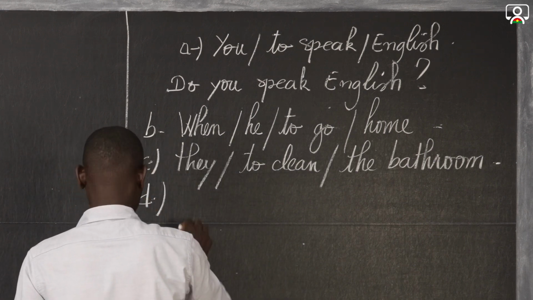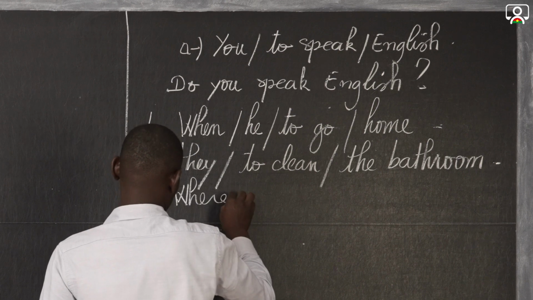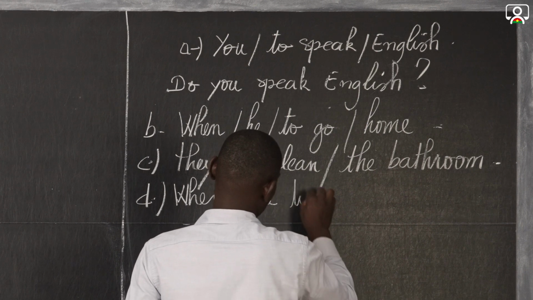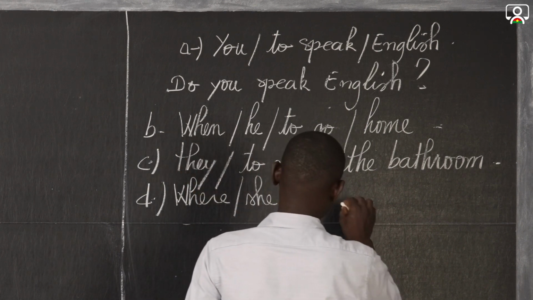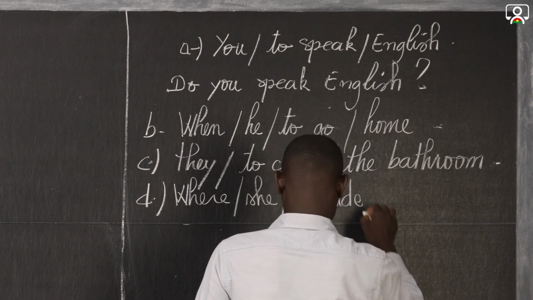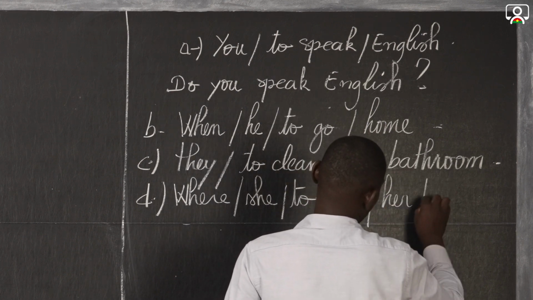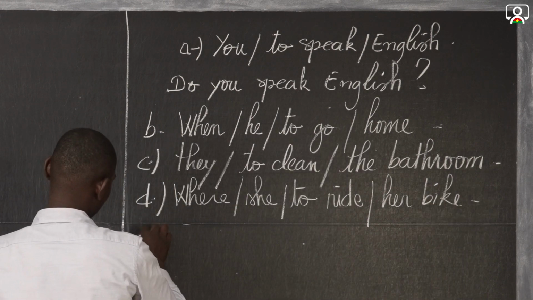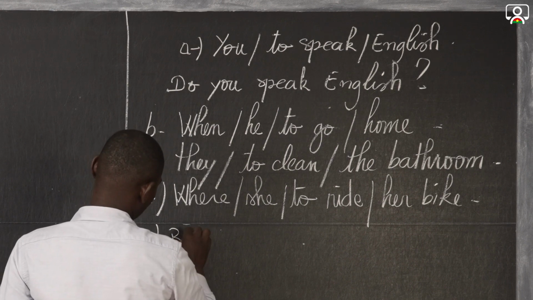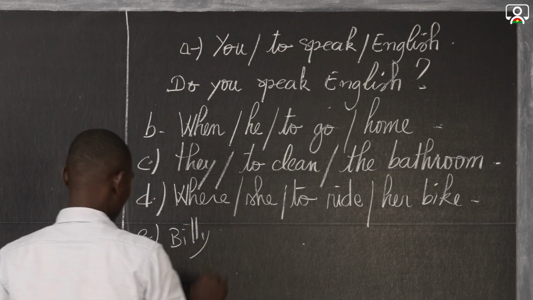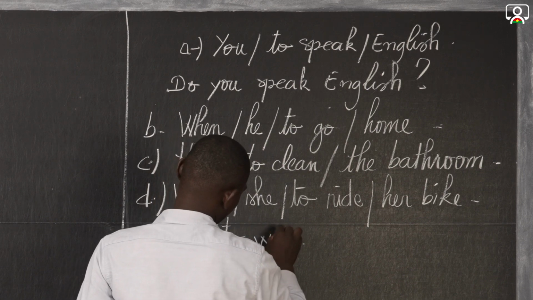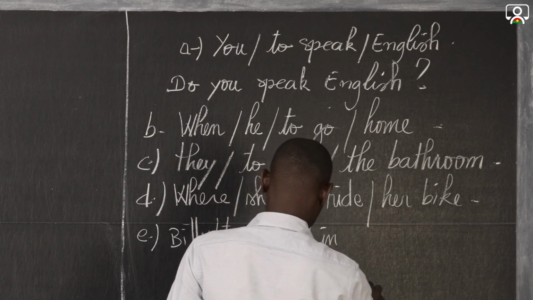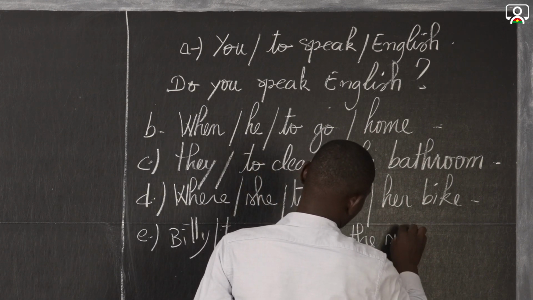D. Where she to ride her bike. E. Billy to work in the supermarket.